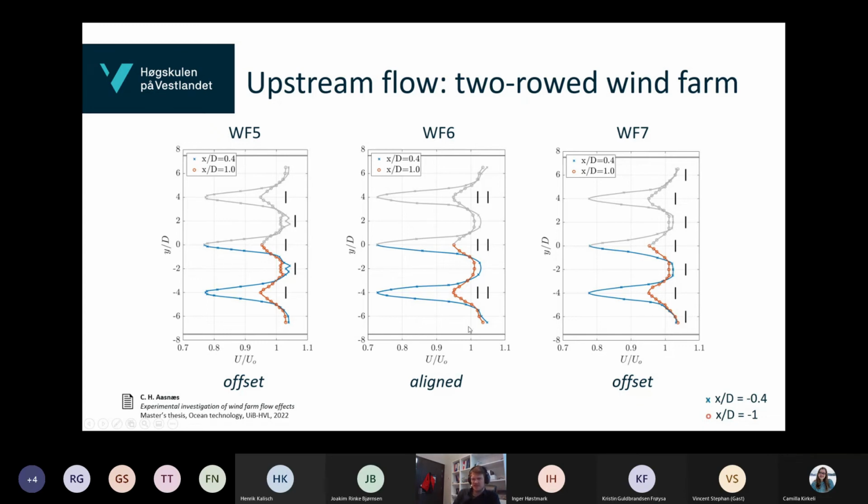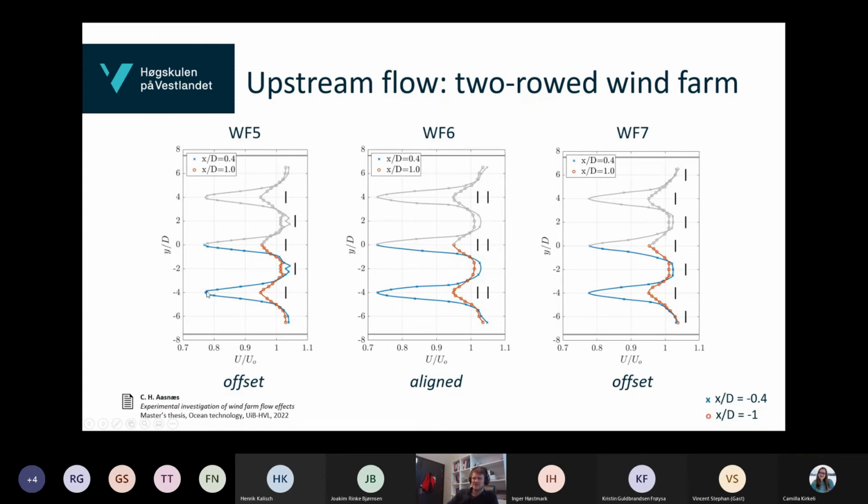But the most significant change of the upstream induction region is actually at this Wind Farm 6 setup, where we get higher velocity reductions upstream of both the central and also this outer disk here.